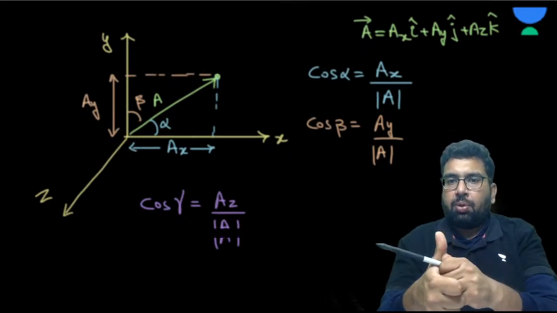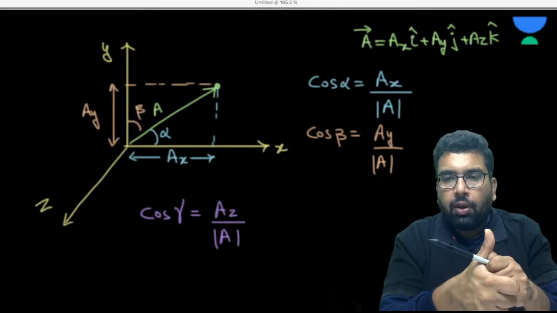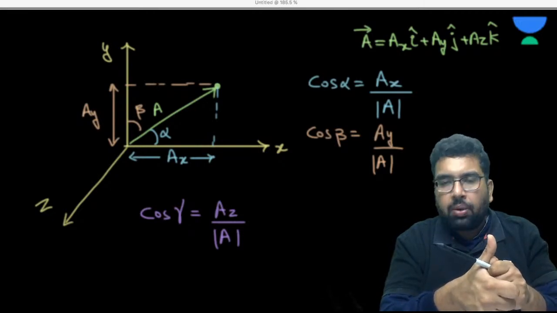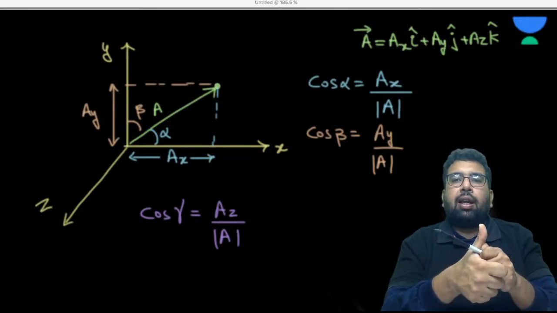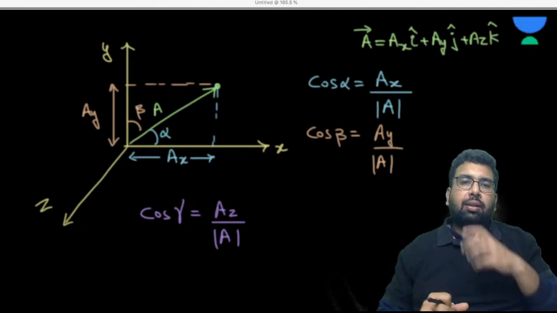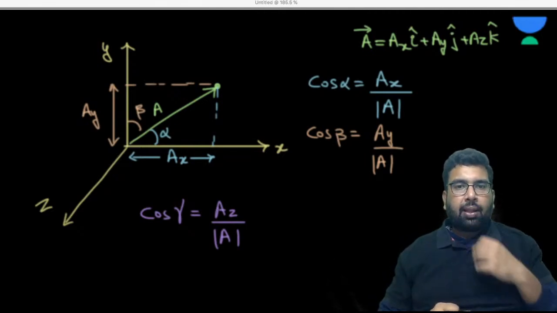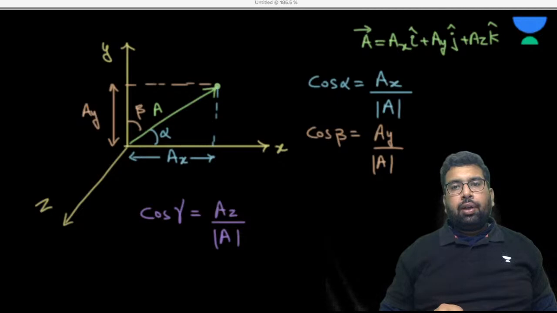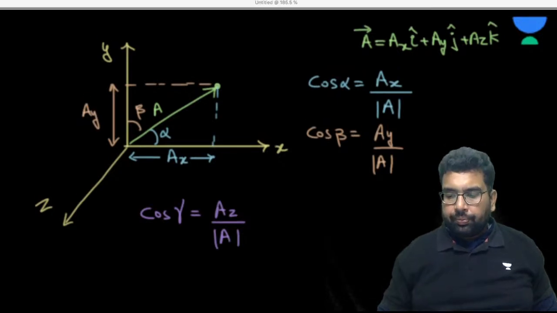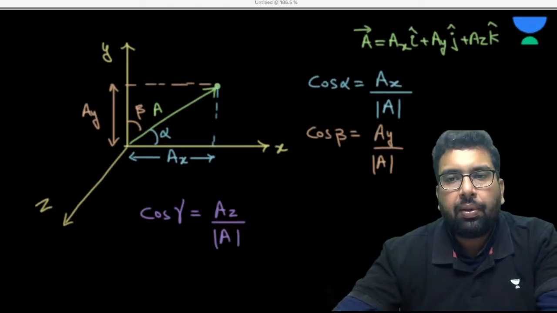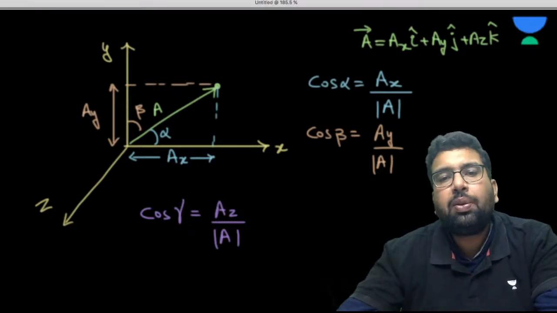I don't know if we are able to get it from what I'm trying to do here, but if you try it yourself, you will definitely get an idea of how the z-axis makes an angle with A. Clear? Right. So simply we can use this formula.